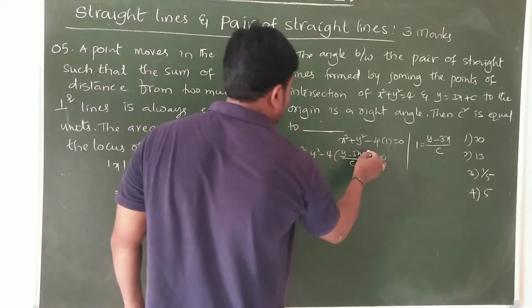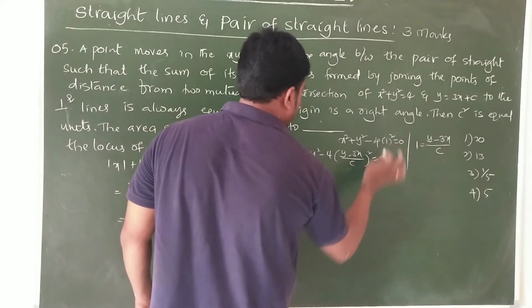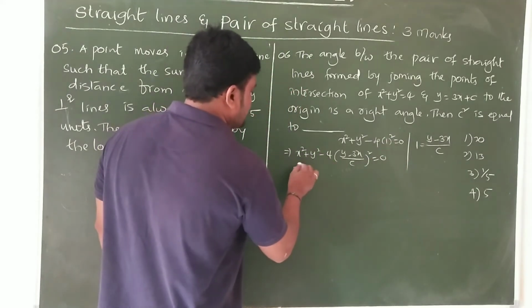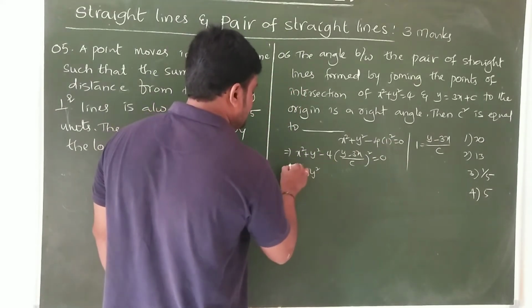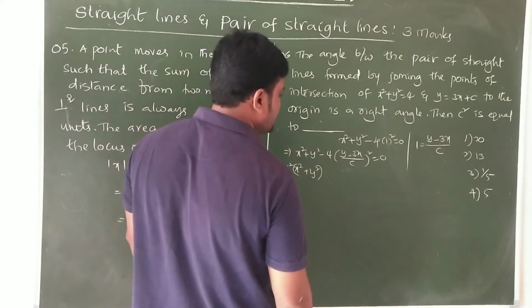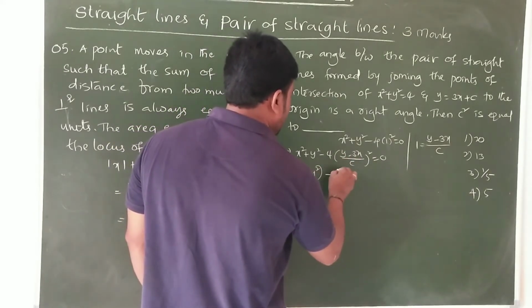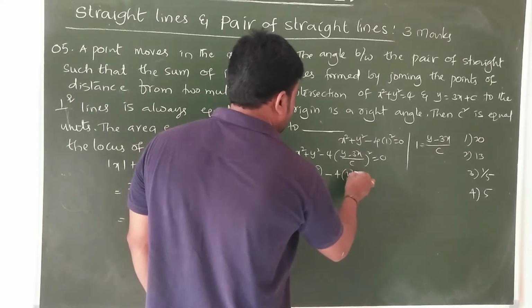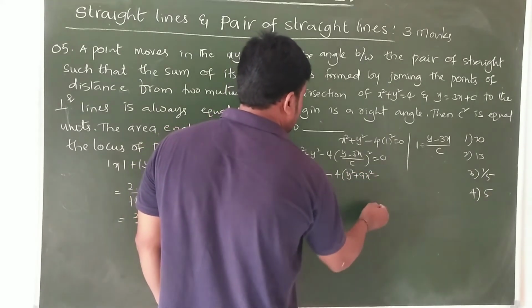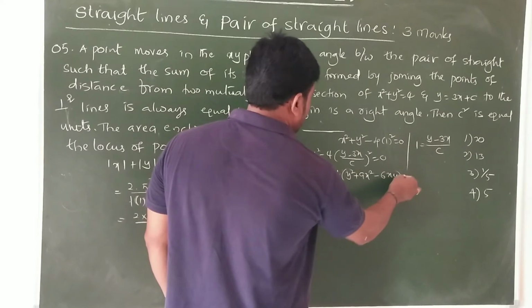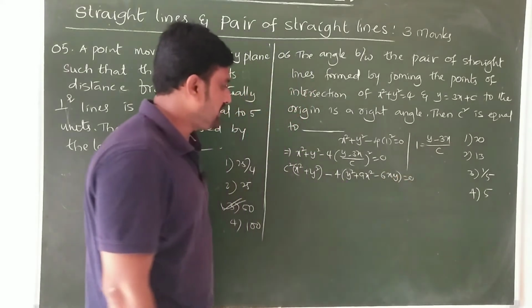Now simplifying, x square plus y square into c square, and also minus 4 into y square plus 9x square minus 6xy equals 0, okay.